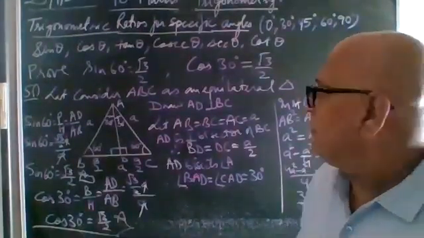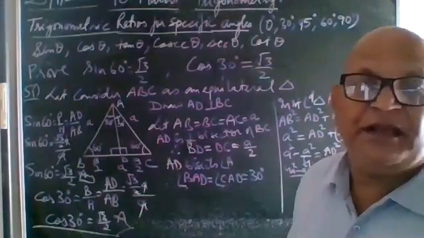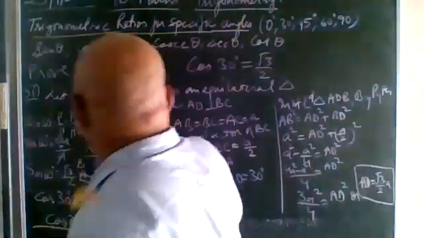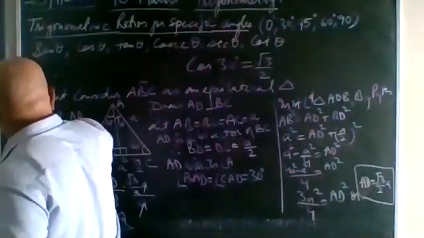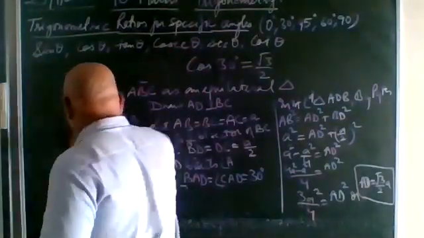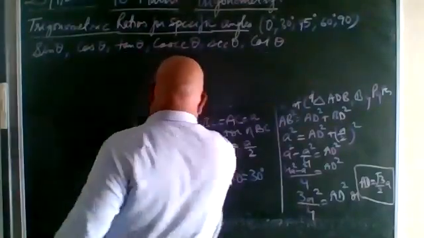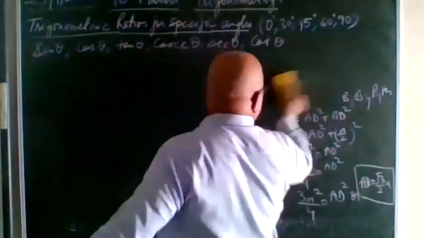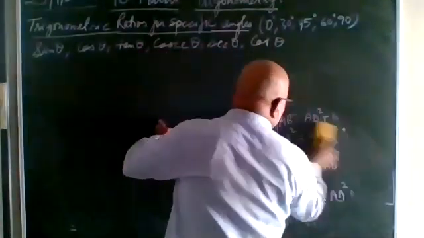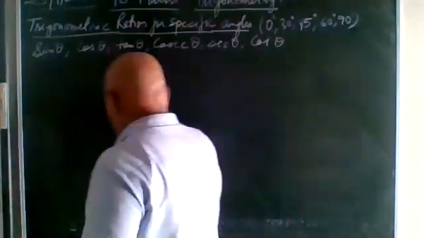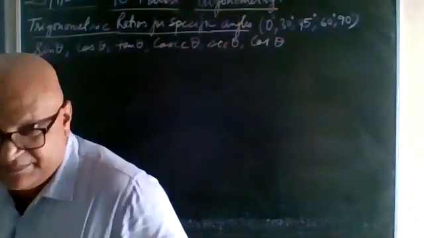Now after this we need 45 degree. For the 45 degree angle, you can see the video I am uploading, and it was also uploaded previously. You can see that.